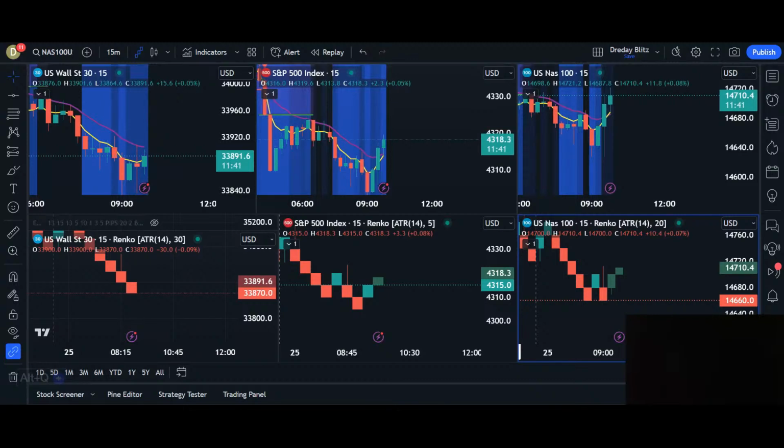Once again, if you have any questions in regards to the Euro GBP pair and how to trade it in conjunction with the DXY, let me know.